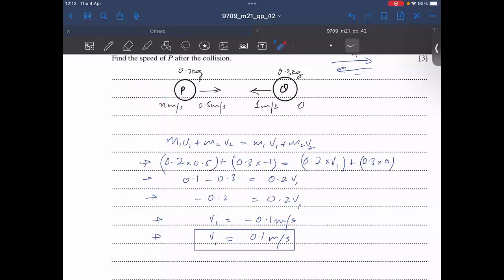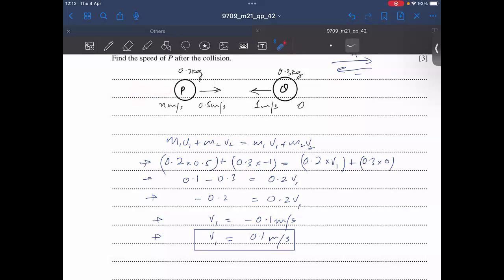That's what this minus sign tells you, because we have taken negative as the direction towards left. So the velocity of P after collision is negative 0.1 meter per second, which tells that after collision with Q, P is going to be moving towards left.